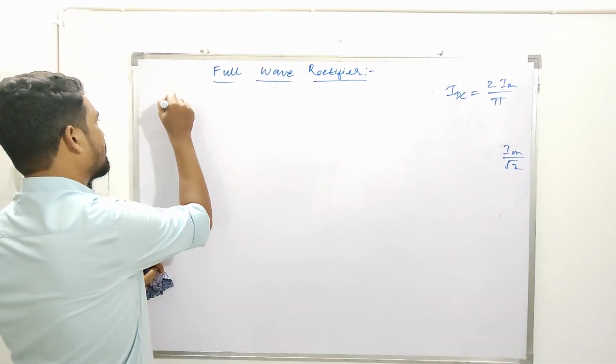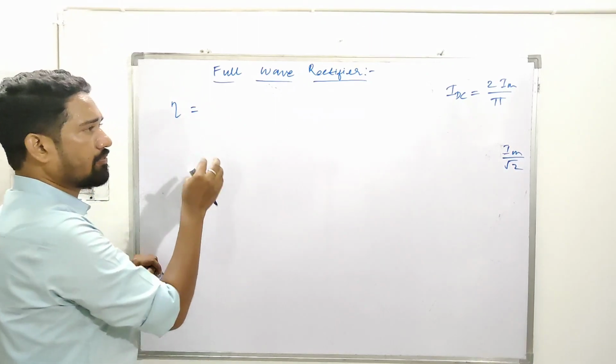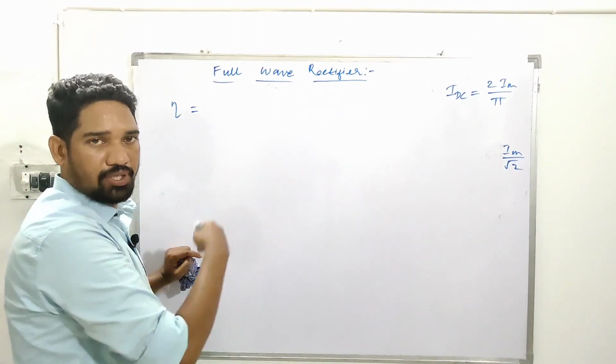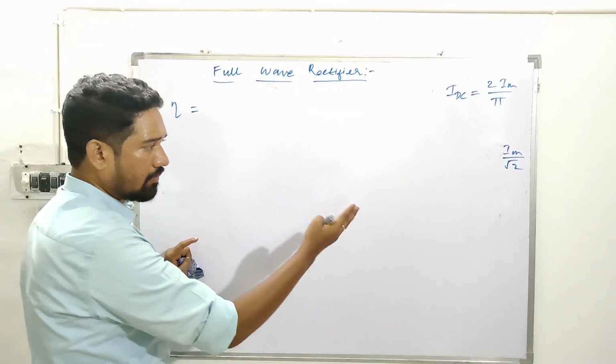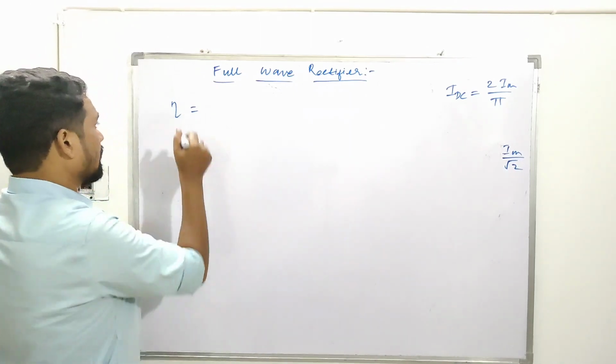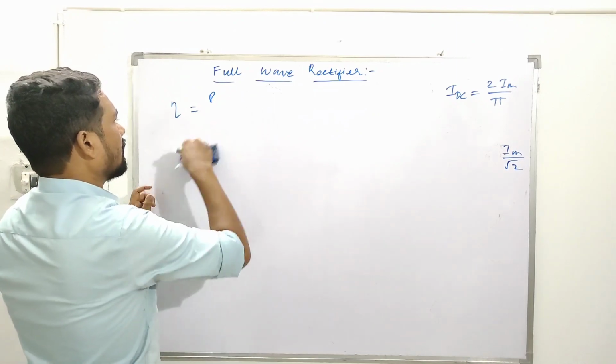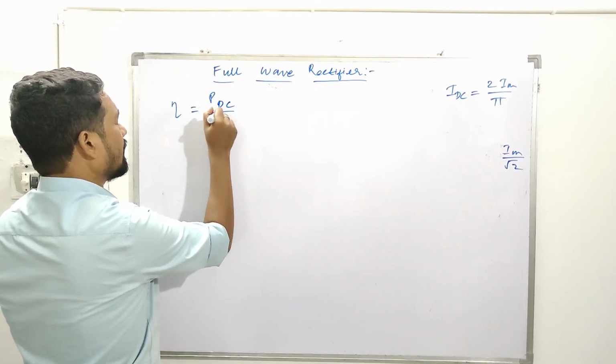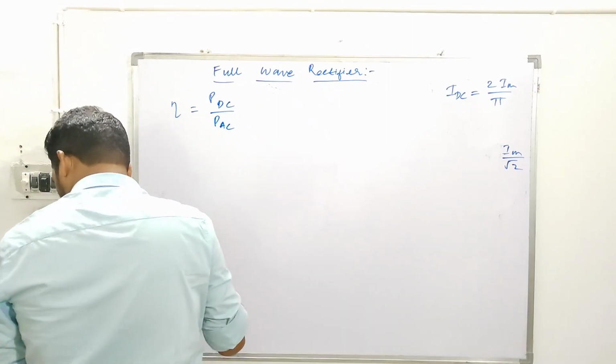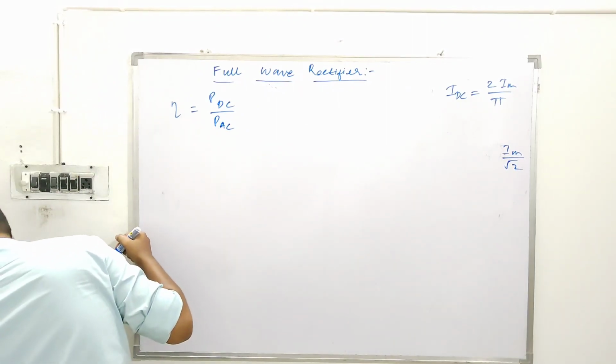What is efficiency? Efficiency is the ratio of output to input. Here we are evaluating output power to input power: PDC by PAC.